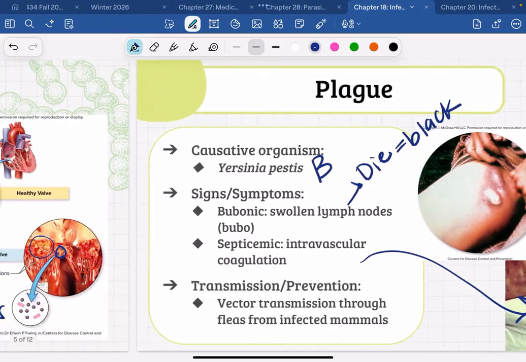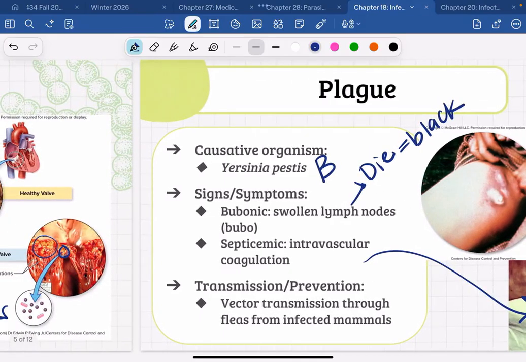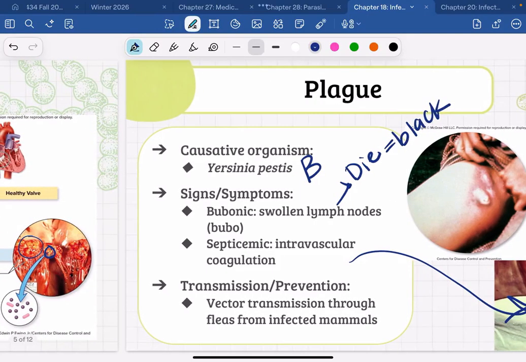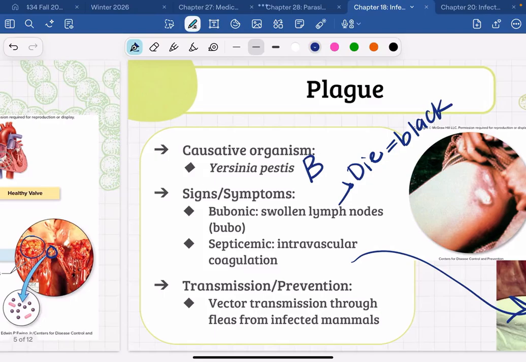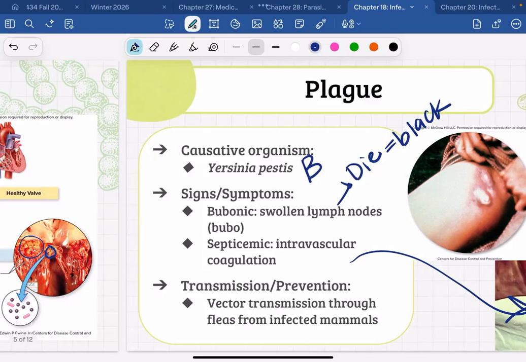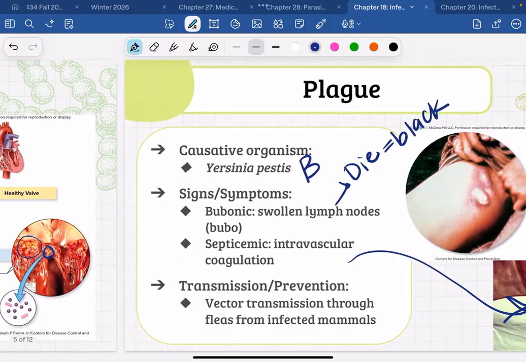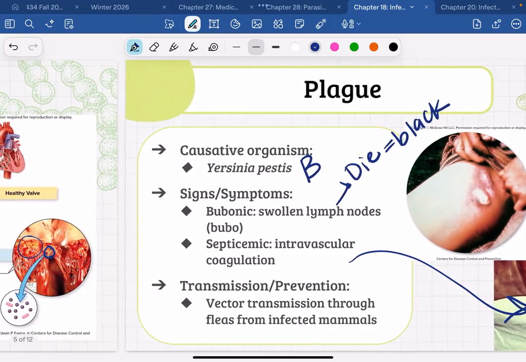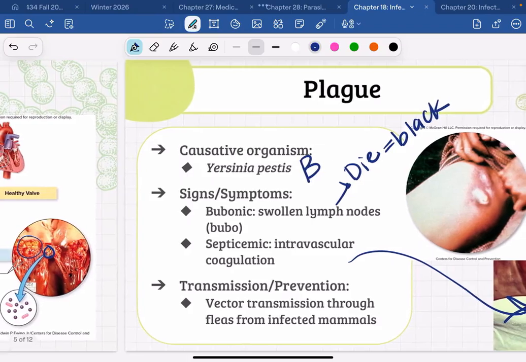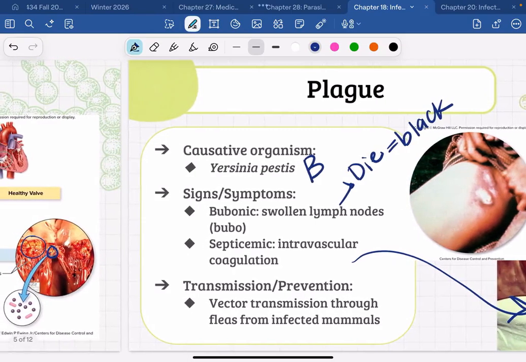And plague is transmitted through vector transmission, specifically through fleas that bite infected mammals. There are actually 3 different parts to this equation. The first part is the human that's being infected. The second part is the flea.